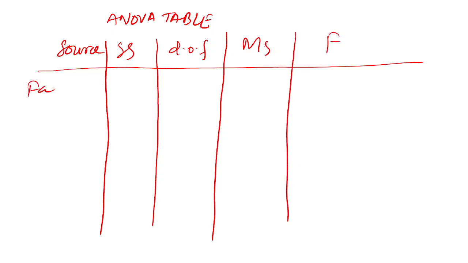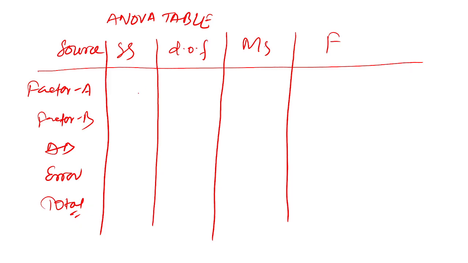Source with factor A, factor B, then interaction, then error, then total. So that we can calculate. We already calculated this one, 2, 2. Then we have abn minus 1, 2 into 3 into 2 minus 1, so 6.